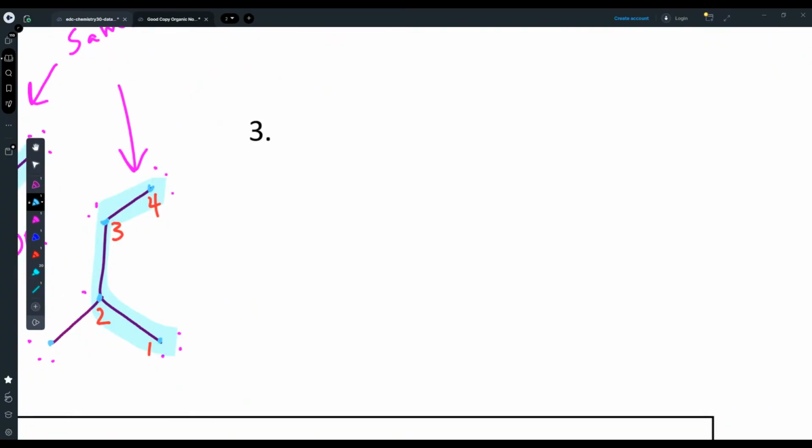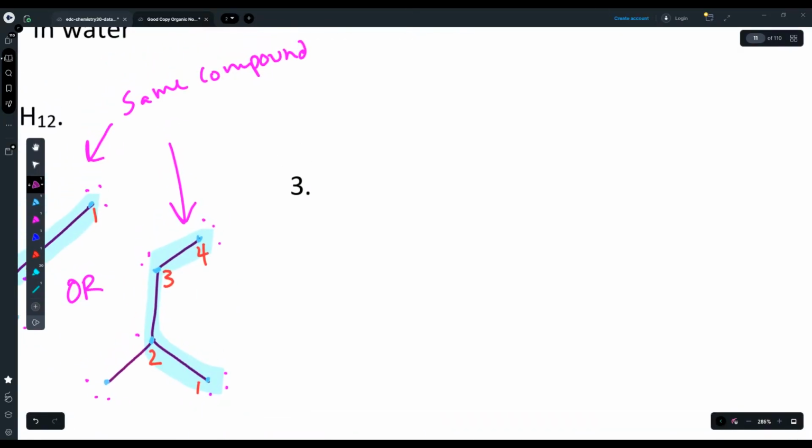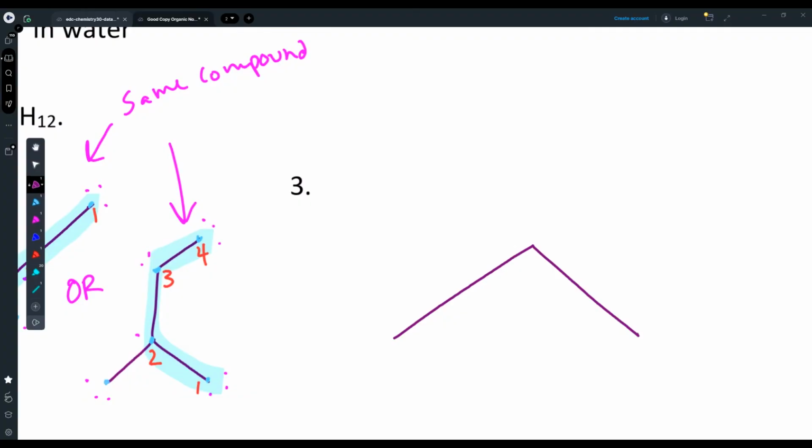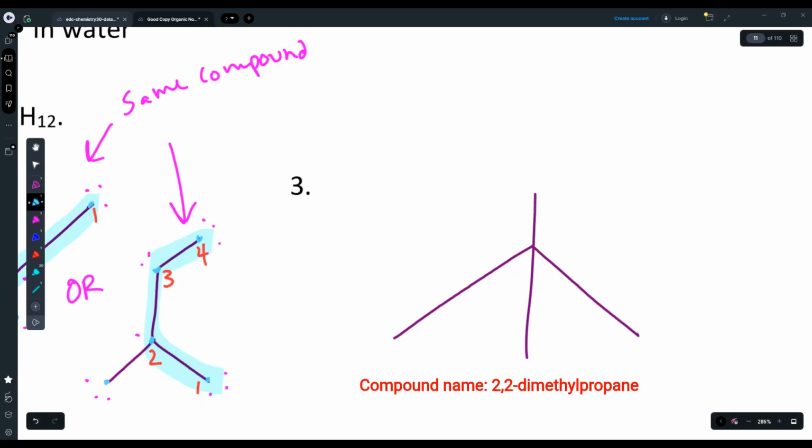For the third version of it, or the third isomer, I should say, you could go 1, 2, 3, and then 1, 2. So here's where the carbons are. 1, 2, 3, 4, 5.